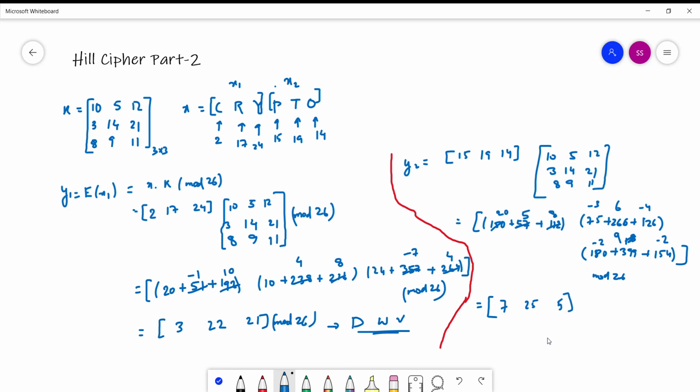So in words, 7 represents H, 25 represents Z and 5 represents F.